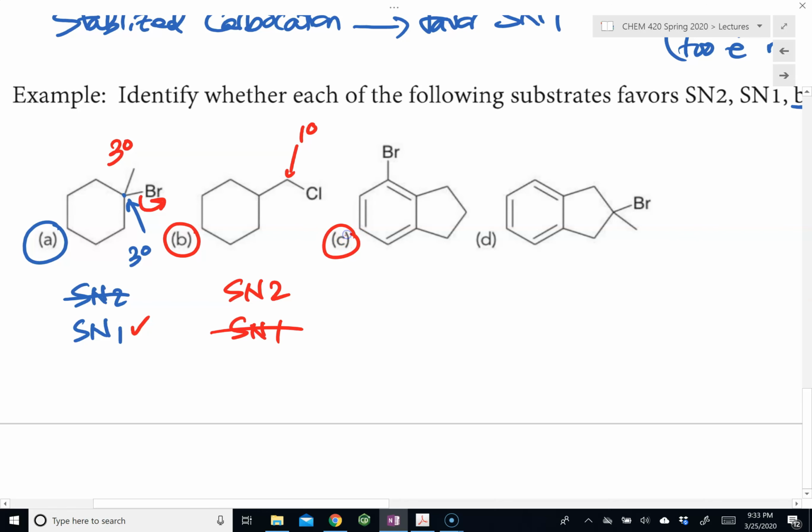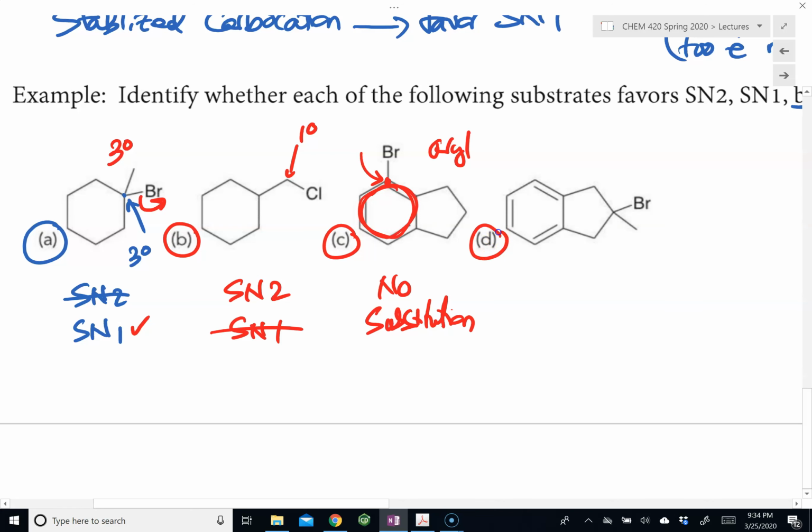As for C, this is the aryl halide. When a halide is connected directly to a benzene ring, it is called an aryl halide, and in this case, it will not do either SN1 or SN2, so no substitution reaction. Because there's a lot of electron density in here, it becomes very difficult for the nucleophile to come in and attack that carbon.